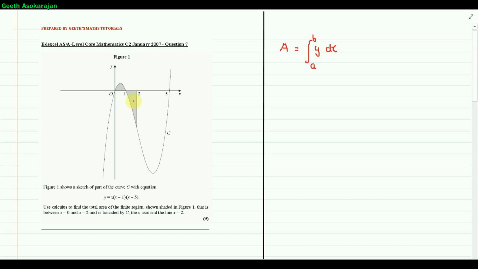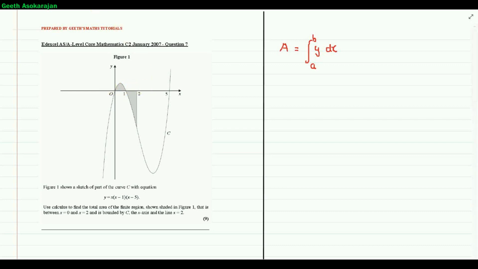The value is going to be negative, as I said, because any region beneath the x-axis will be negative when applying integration. This area which is situated above the x-axis will be positive.